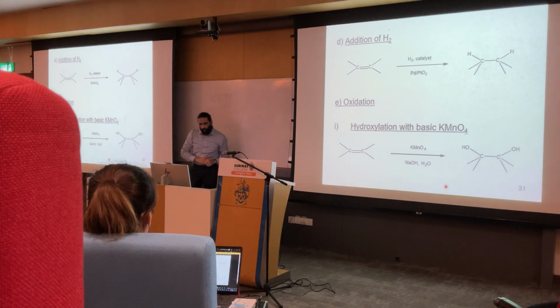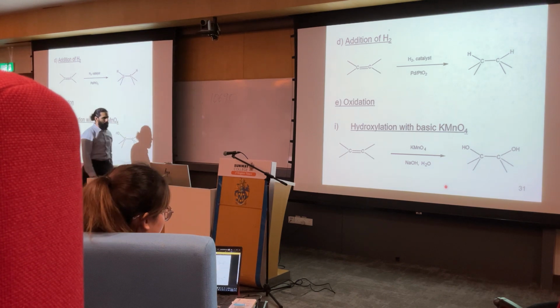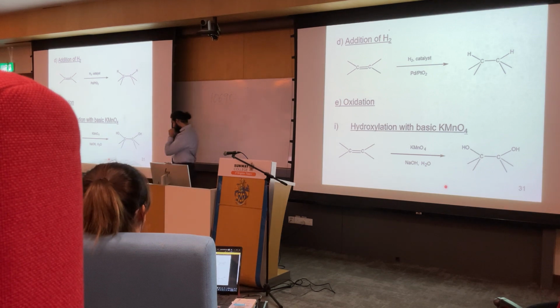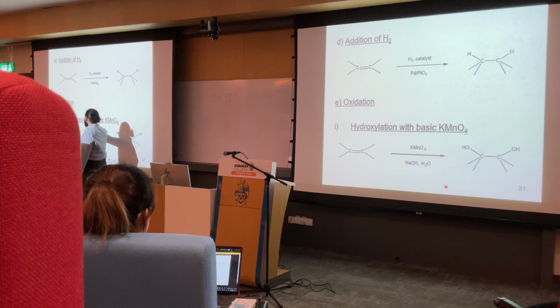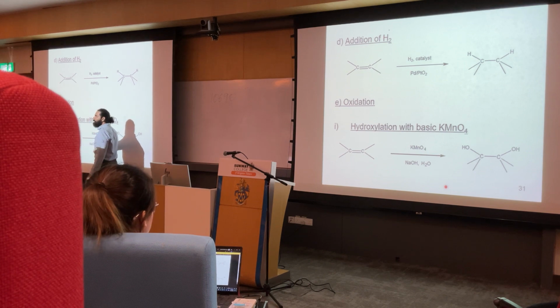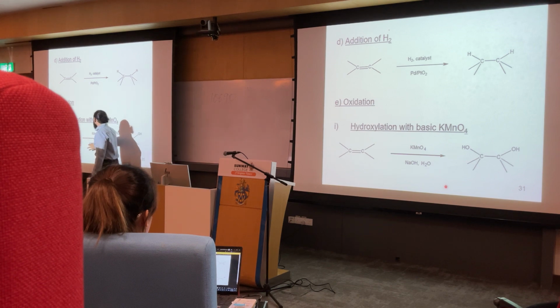Right? One more reaction is the oxidation of alkenes, which can be done by using potassium permanganate, which is KMnO4, a very strong oxidizing agent. So this reaction can be done on alkenes in different conditions. The first condition is in the presence of a base. When we oxidize alkenes using KMnO4 in the presence of base, the outcome of the reaction would be different than when we use it in the presence of acid.